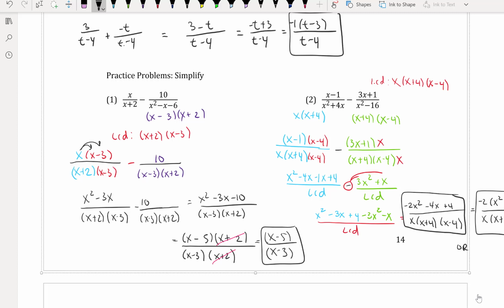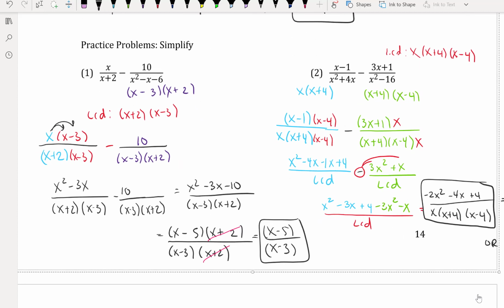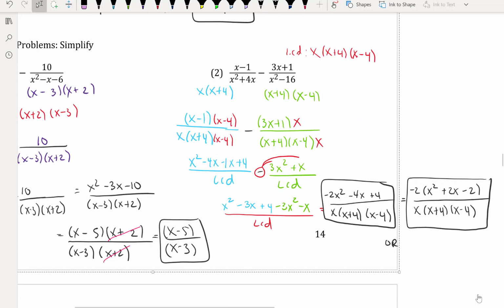So for number 1, I factored and I combined my like terms, and I got my final answer as x minus 5, x minus 3 after things canceled out. For number 2, I found my LCD. After I had factored, I combined like terms and I simplified as much as possible.